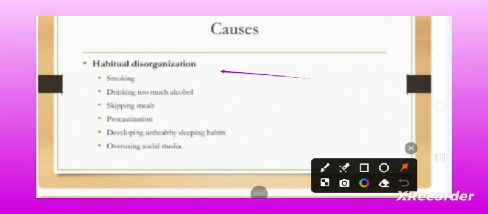Habitual disorganization, causes. Examples: self-destructive habits such as smoking, drinking too much alcohol, drug addiction, skipping meals, developing unhealthy sleeping habits, overusing social media.